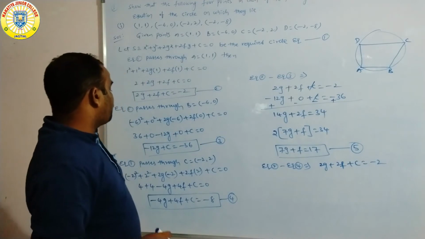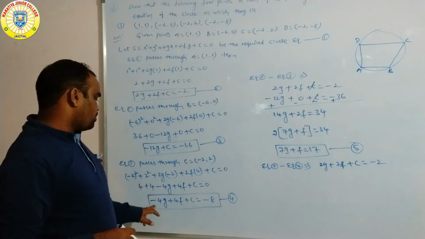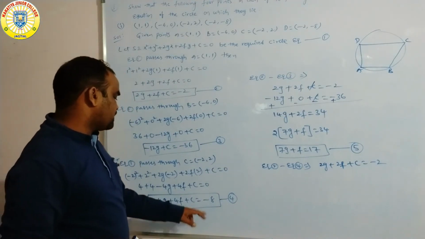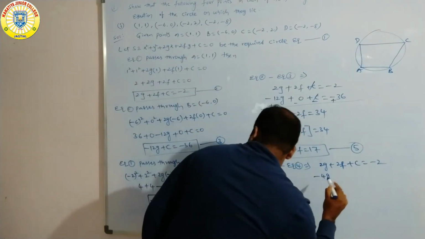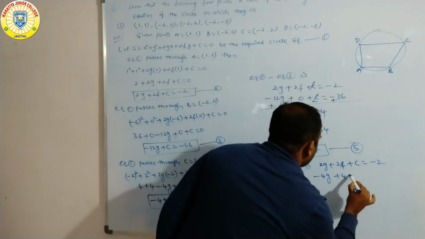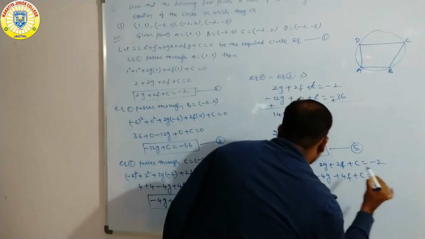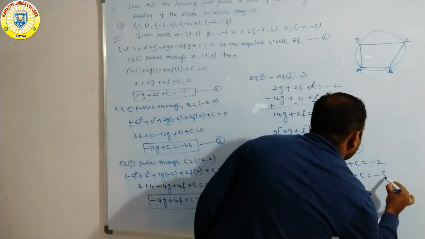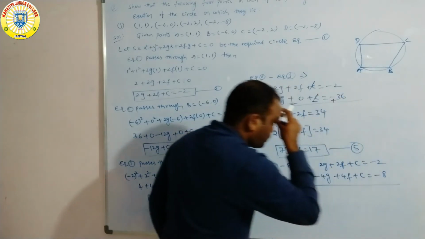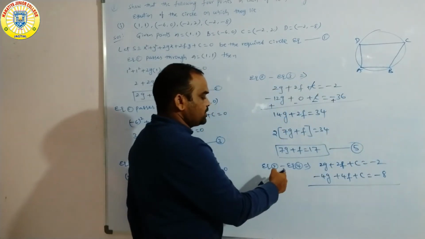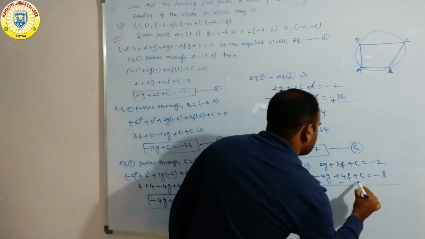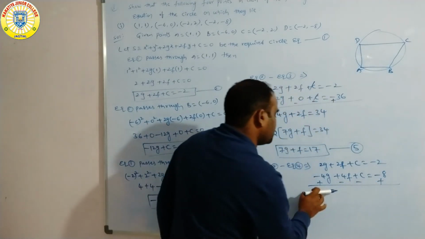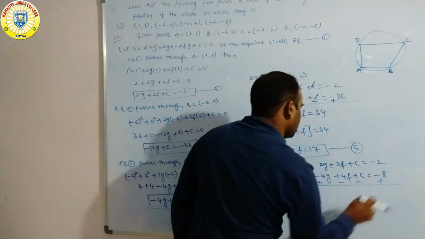What is equation 4? -4g plus 4f plus c is equal to -8. Here we are also subtracting, that's why signs will be changed.